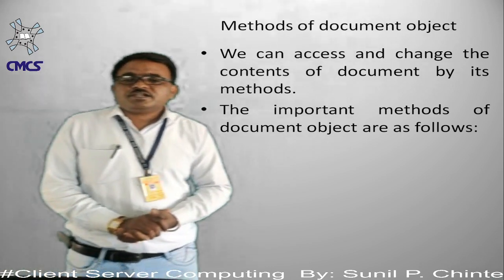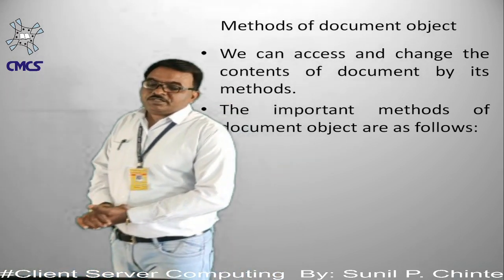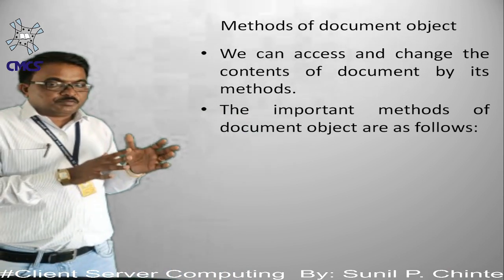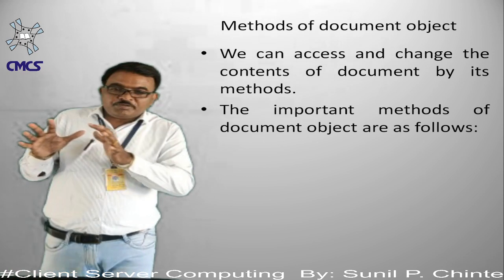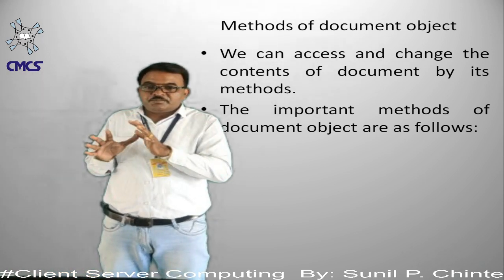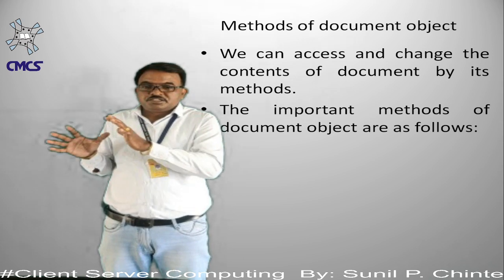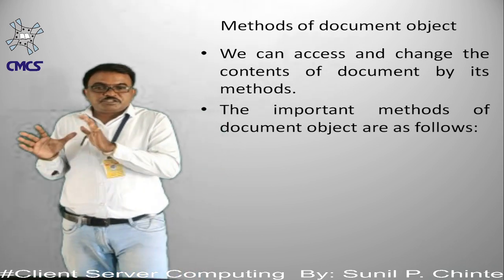Now the methods of the document object. The document object also has methods. As you know, objects have properties and methods, and these methods and properties are invoked using the object dot.